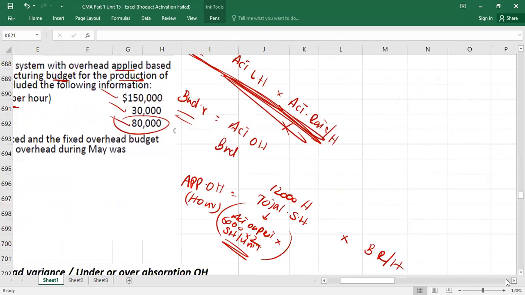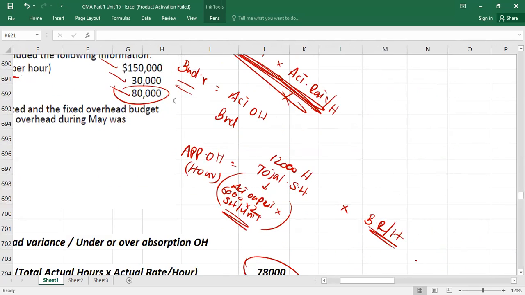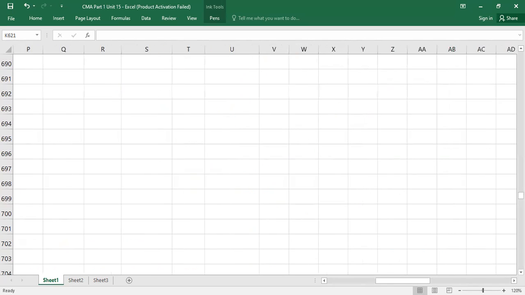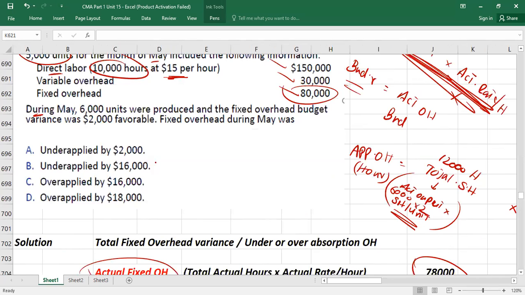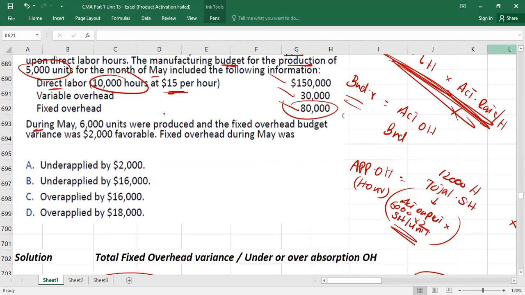Now I need the budgeted rate per hour. This rate I want for what? Fixed overhead. So I'm going back to the question again. I want the budgeted fixed overhead rate per hour. How will I calculate the rate per hour?